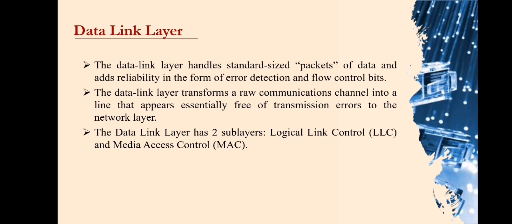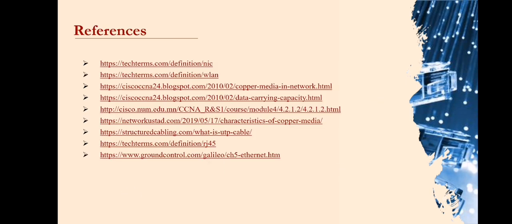The LLC communicates with the network layer. It identifies which network layer protocol is being used for the frame, while the MAC defines the media access process performed by the hardware. So the MAC provides data link layer addressing and access to various network technologies.